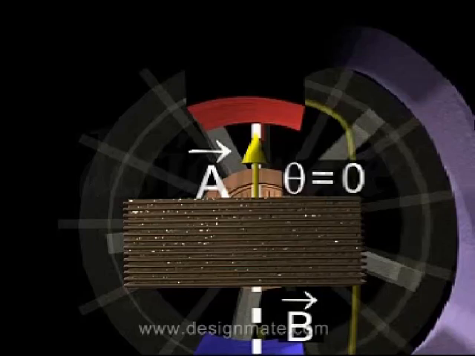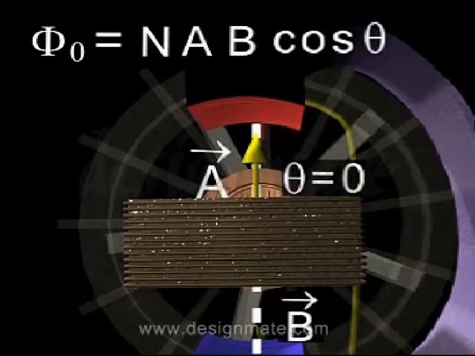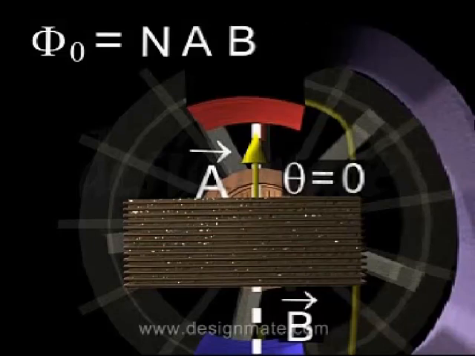The flux phi linked with the coil at that time is phi 0 equal to n vector A dot vector B, that is equal to NAB cos 0, that is equal to NAB.